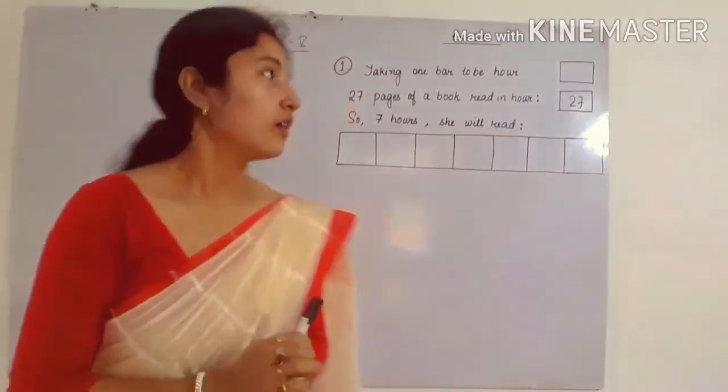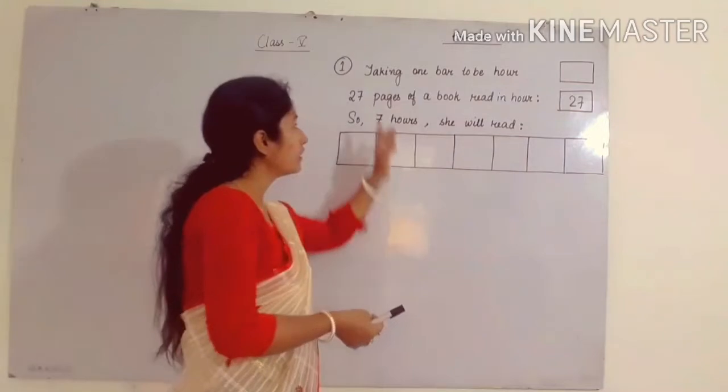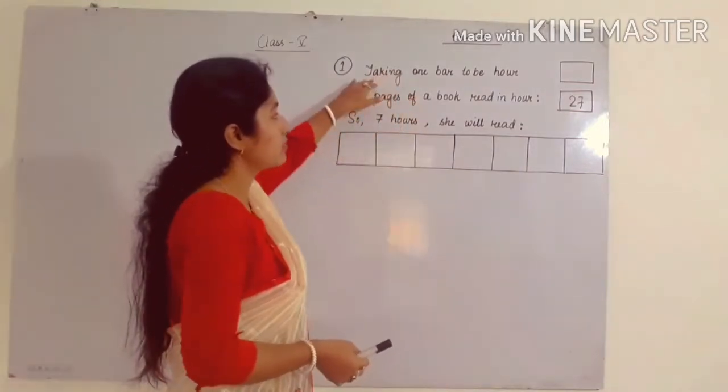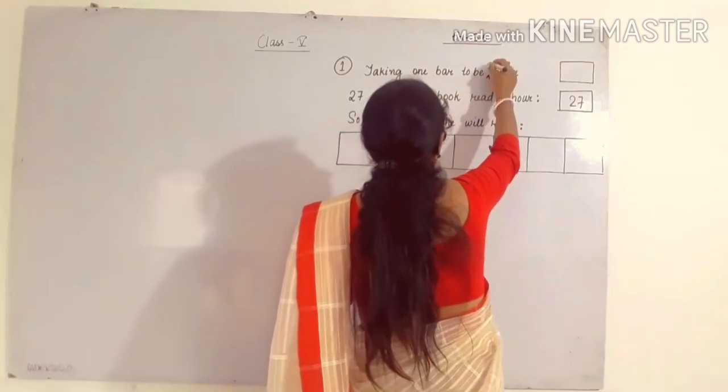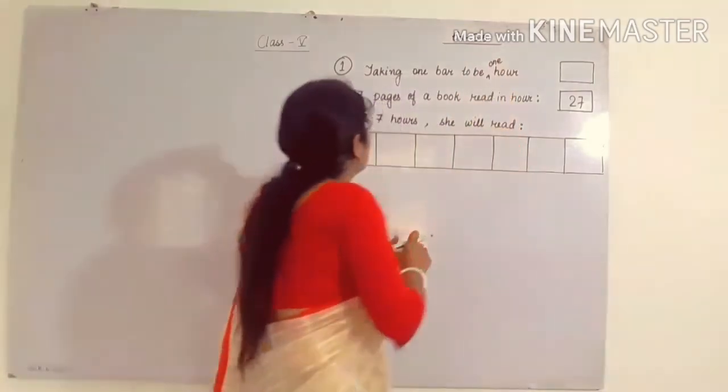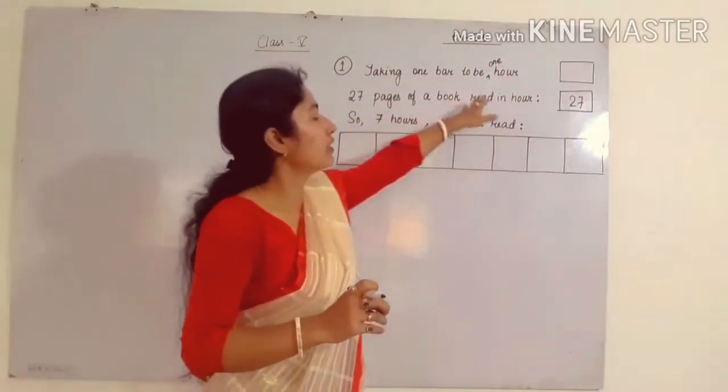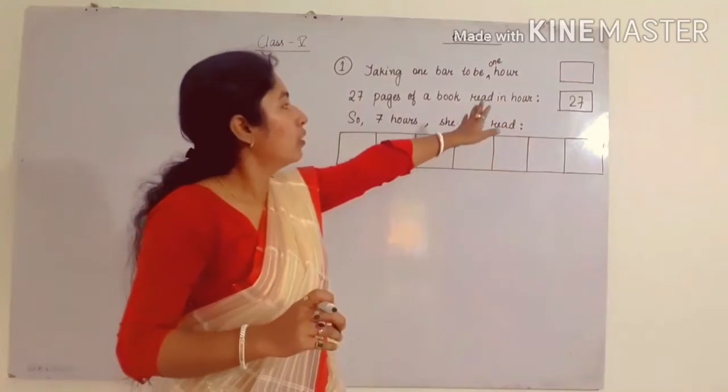So see, this is the condition which is given. I have taken 1 bar. Let us take 1 bar to be 1 hour. So 27 pages of a book are read in 1 hour.